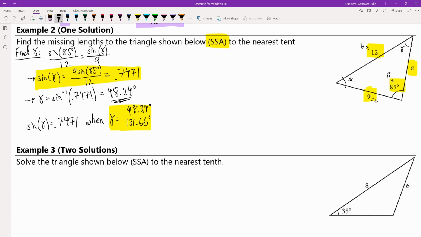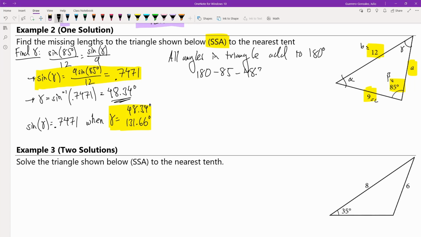All the angles inside the triangle have to add up to 180 degrees, right? So we know one of them is 85 degrees, right? Actually, let me do it this way. 180 degrees, right? Minus 85, that's already there, right?